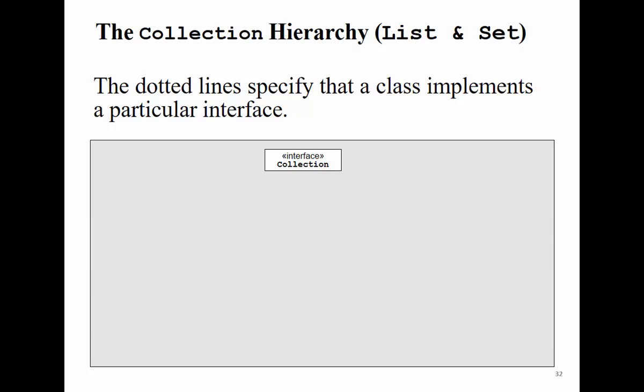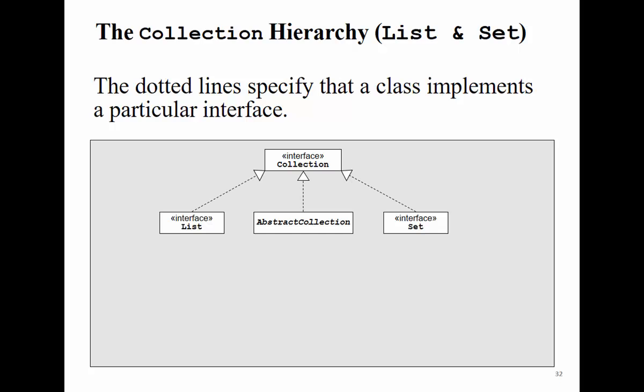Now, if you look at the hierarchy, it starts with an interface called Collection. That is the top of the hierarchy. Under it, there is another interface called the List interface, and there is a Set interface, and also AbstractCollection.